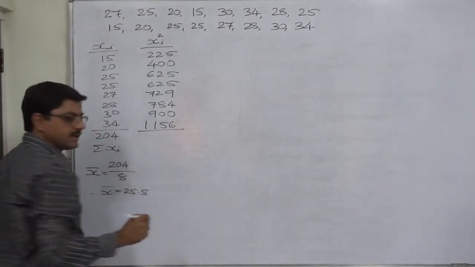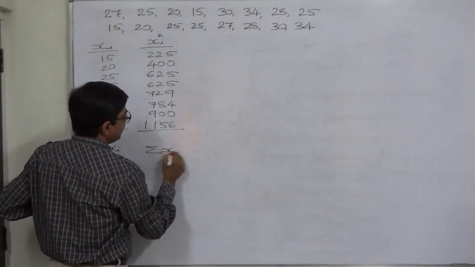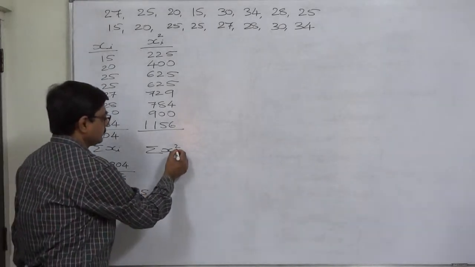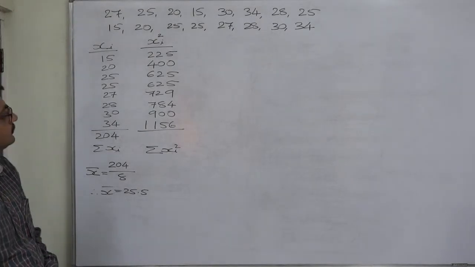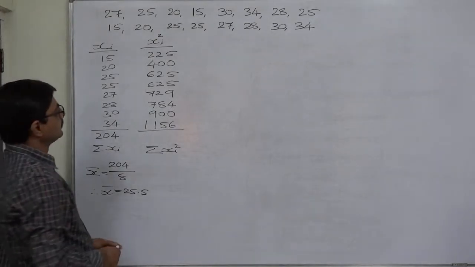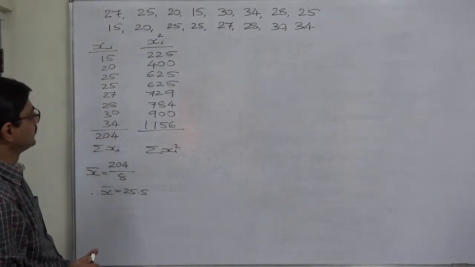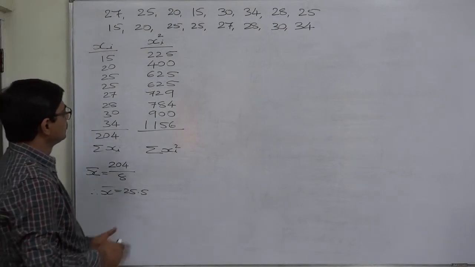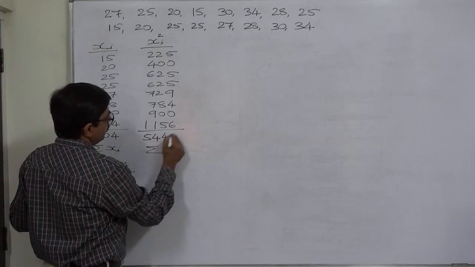Now get the total of this column. And that is sigma x squared. 5,444.